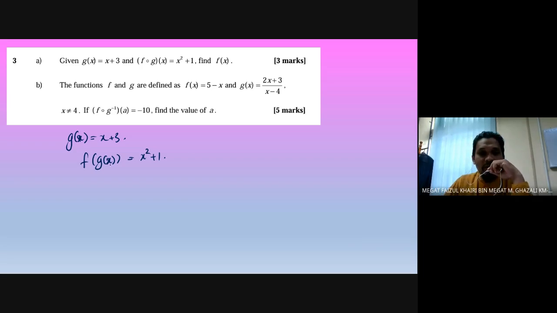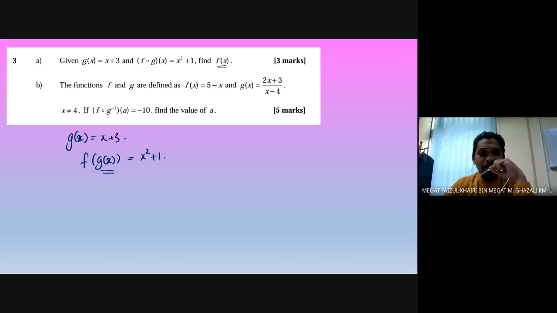The definition of a composite function in this case is where the function g(x) is substituted into the x of the function f. But what we have right now is f(g(x)), and we are going to find f(x).